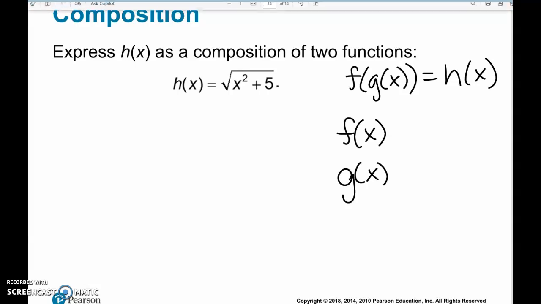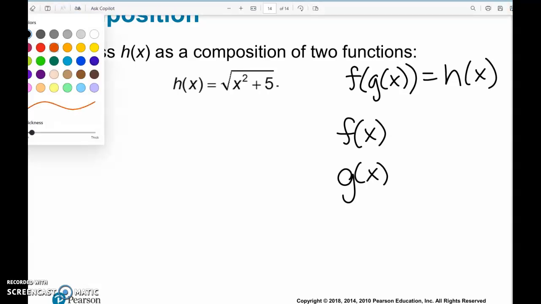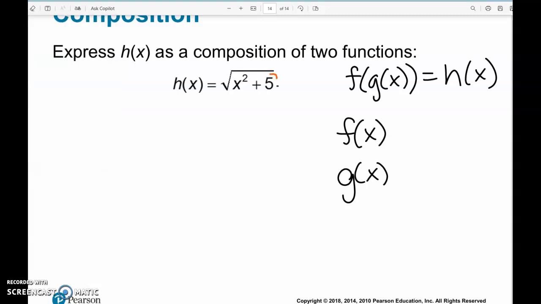So I'm going to look at these and ask, is there an operation here? Well, we've got the operation of addition and we've got this radical sign. So if this expression was my inner function, and I was inputting this into the square root, then I could get h of x.